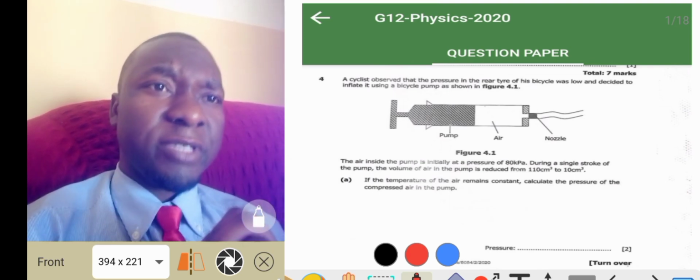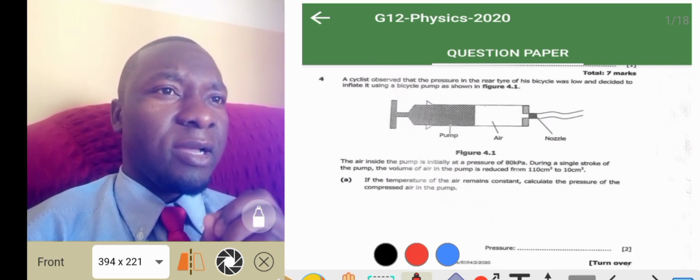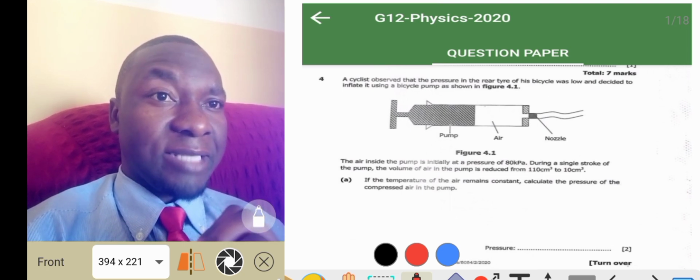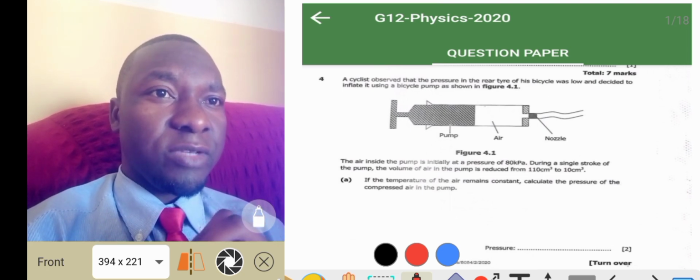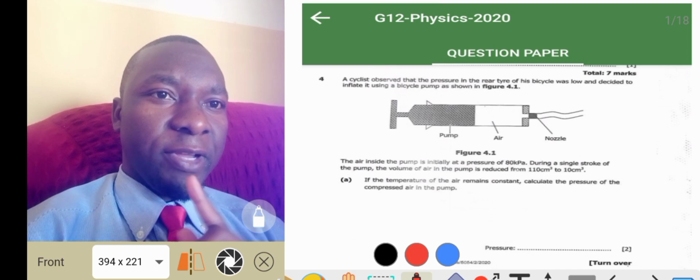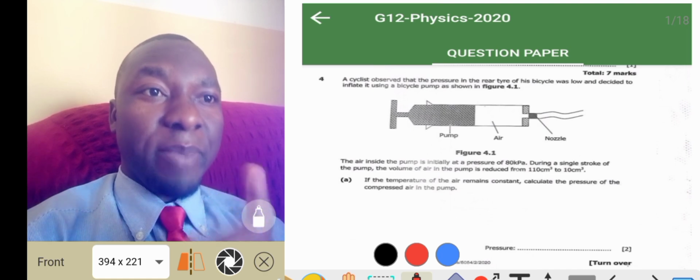A cyclist observed that the pressure in the rear tire of his bicycle was low and decided to inflate it using a bicycle pump as shown in this figure, that diagram there. So the air inside the pump is initially at a pressure of 80 kilopascal.